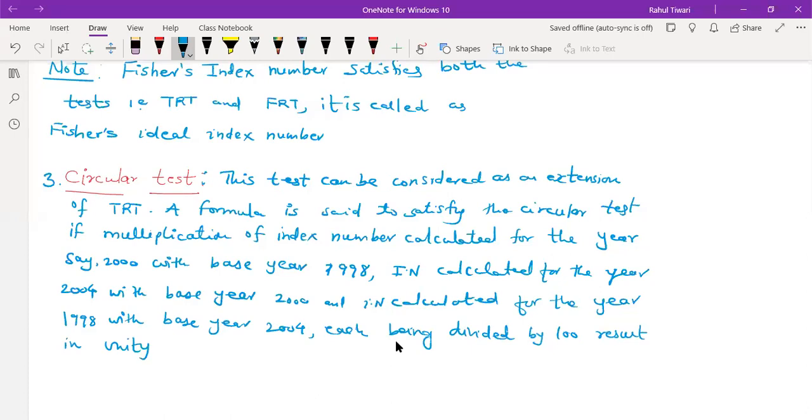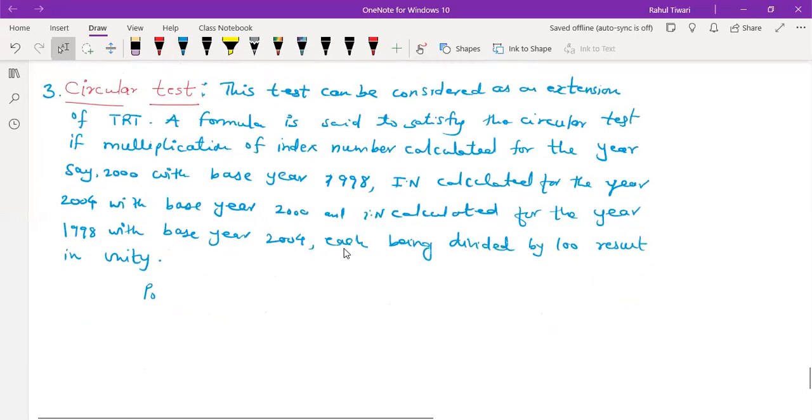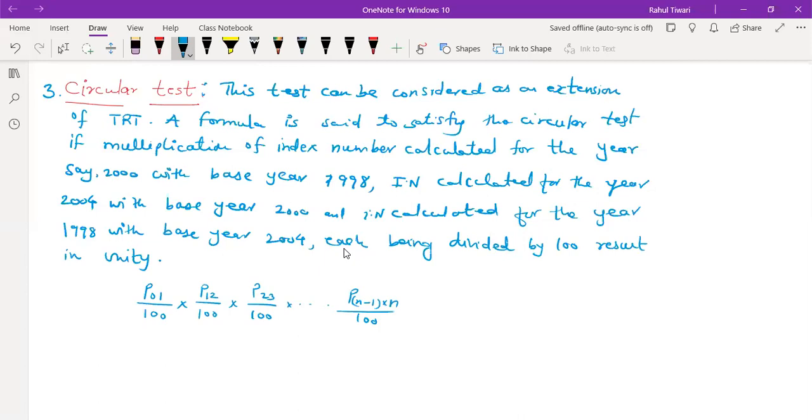So in general we can say P01 upon 100, multiplied with P12 upon 100, into P23 upon 100, and so on, up to P(n-1)n divided by 100, into Pn0 upon 100.